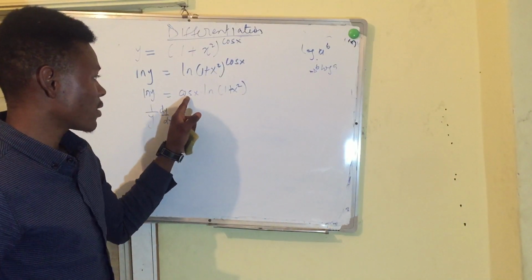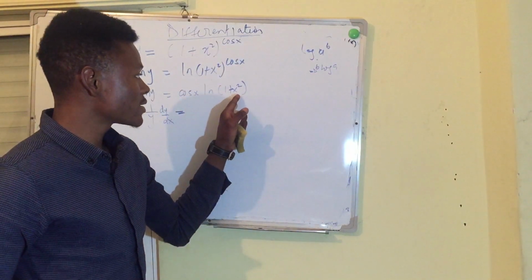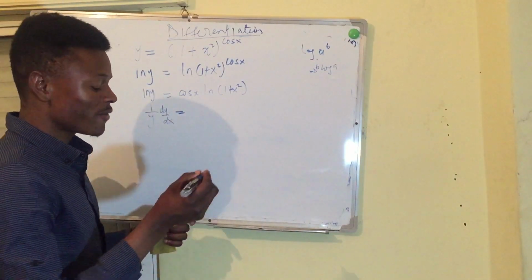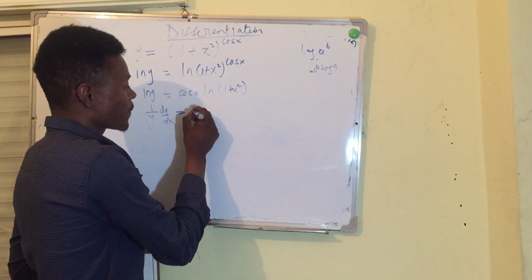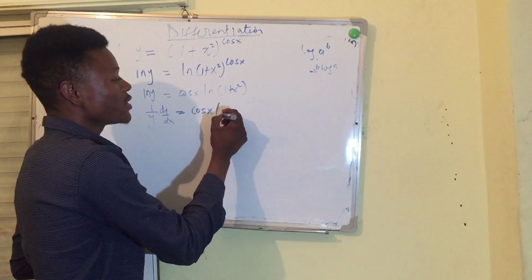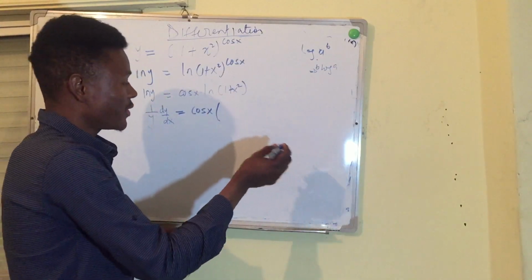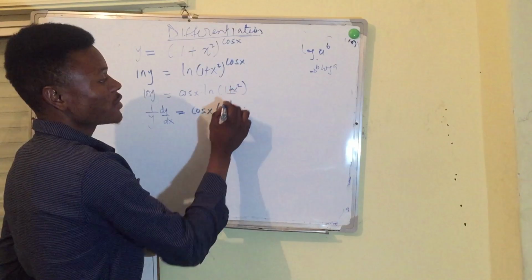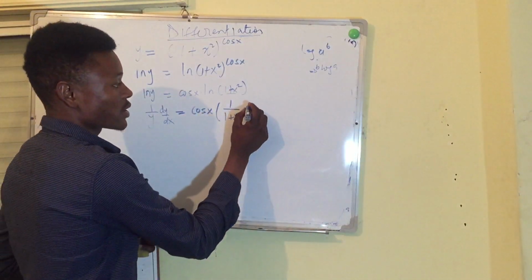Let f of x be cos x and g of x be ln (1 plus x squared). So the product rule: f of x, that is cos x, times the derivative of g of x, that is 1 over (1 plus x squared), but we have to multiply by the derivative of the function inside, which is 2x.